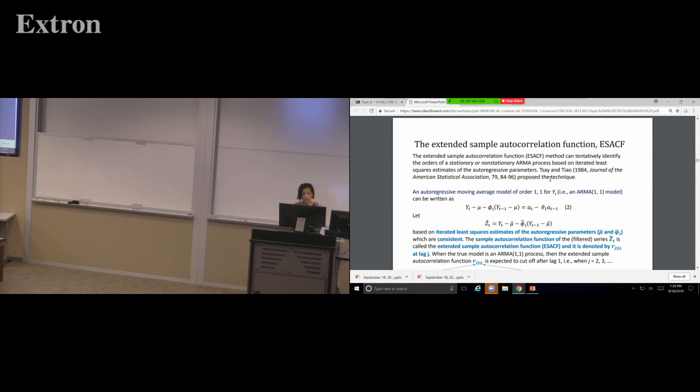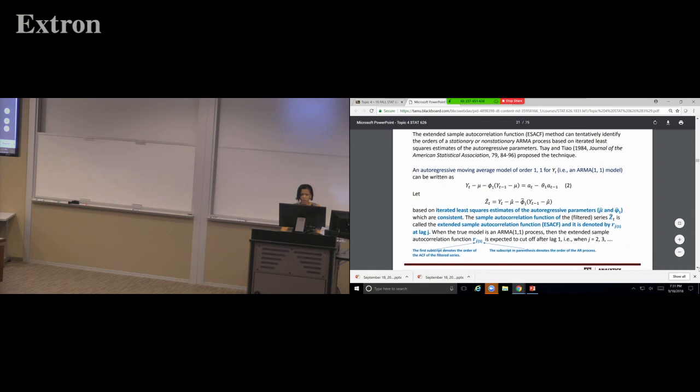So it focuses on the autoregressive parameters and tries to come up with estimators for them that are consistent. The sample autocorrelations for the filtered series, our Z of T, is then going to be called the extended sample autocorrelation function, and it's going to be denoted by R sub J of 1 at lag J. This is when we're dealing with an ARMA 1-1 model.